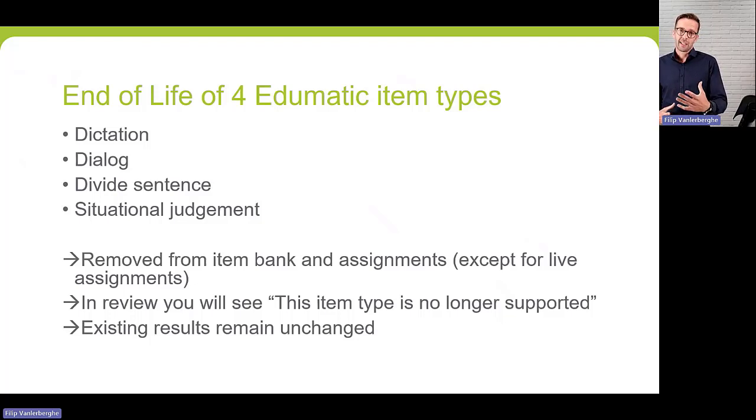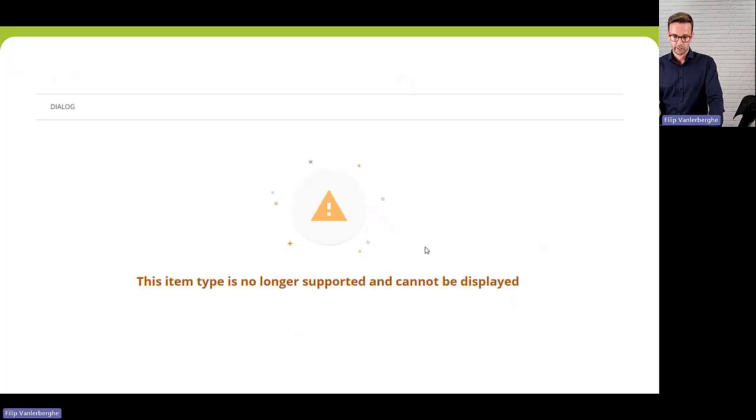And if they still have the status live, or if you have such items in live assignments, then your candidates will no longer be able to answer those questions, but they will see a placeholder page saying this item type is no longer supported. So this is what they will see then.